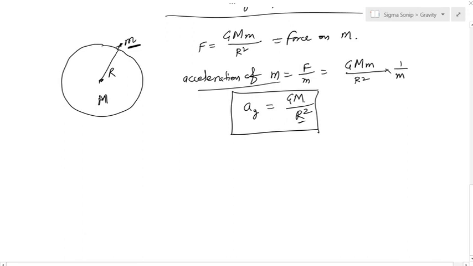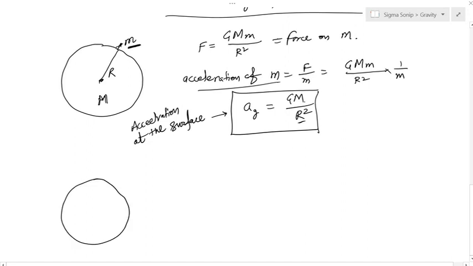Other thing to keep in mind is this basically gives you acceleration at the surface. What if you got this is the planet and the object is at a height. This is h here and this is your m.